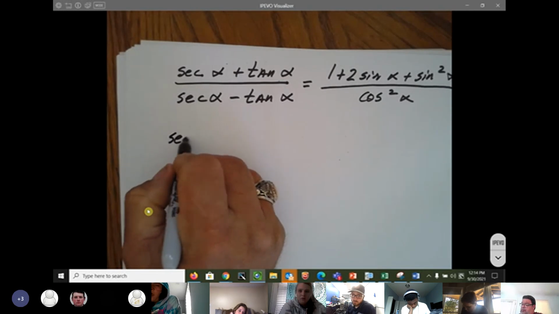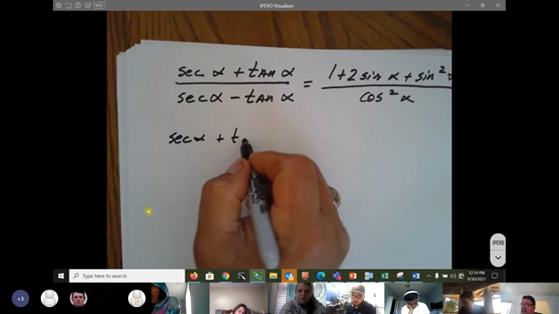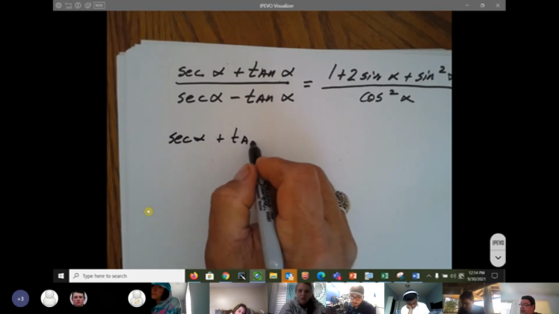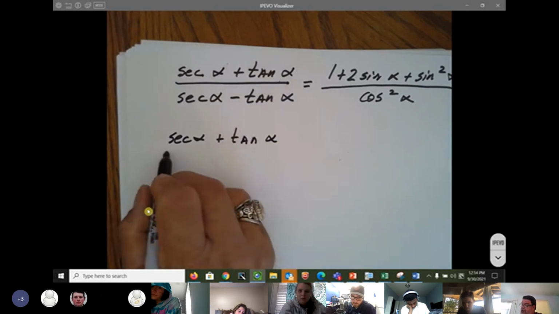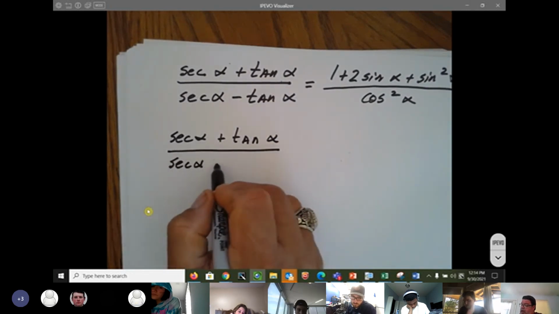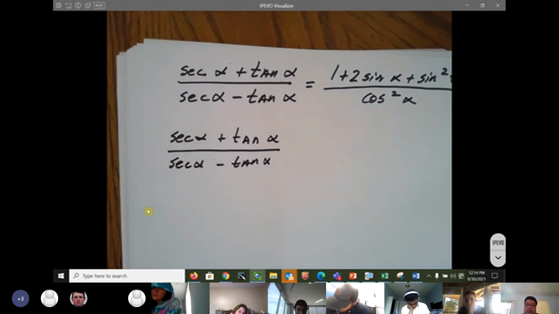So secant alpha plus tangent alpha, it's the same thing, it's a variable, over secant minus tangent. And I'm going to multiply both the top and the bottom by cosine.